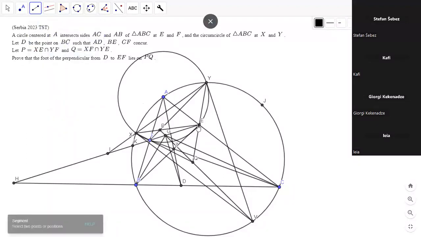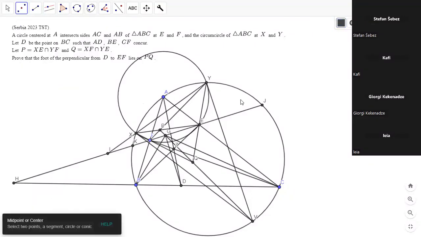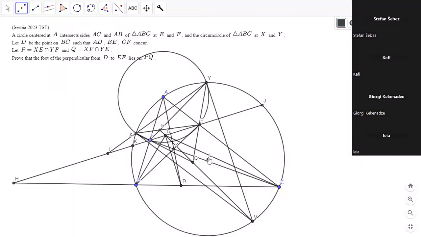And we're trying to show the whole figures are similar. So let's see. Let me draw the center, O.